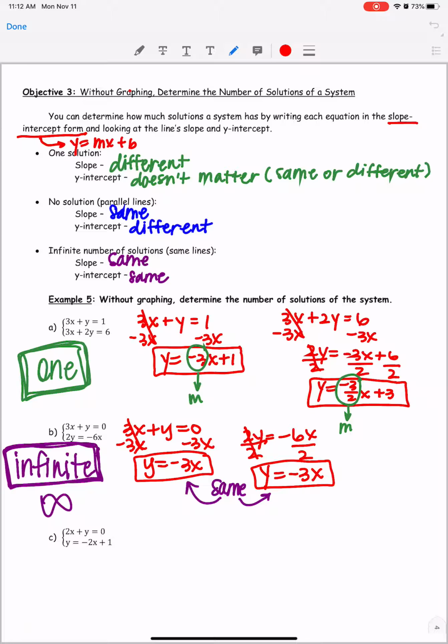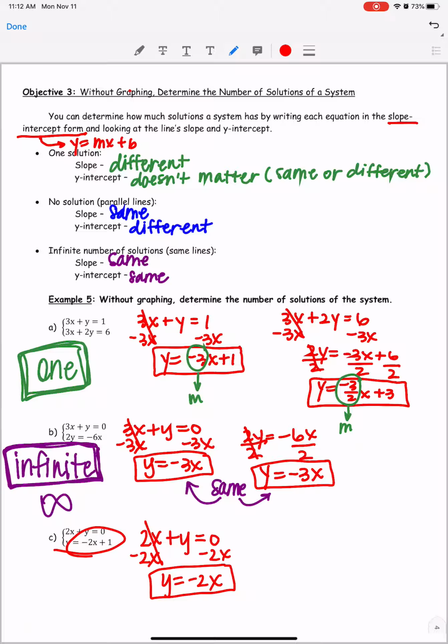And last one here, surely you know what the example of this one is. I'm going to take this first one, solve it for y. So I've got 2x plus y equals 0. Subtract your 2x over. So I've got y equals negative 2x.